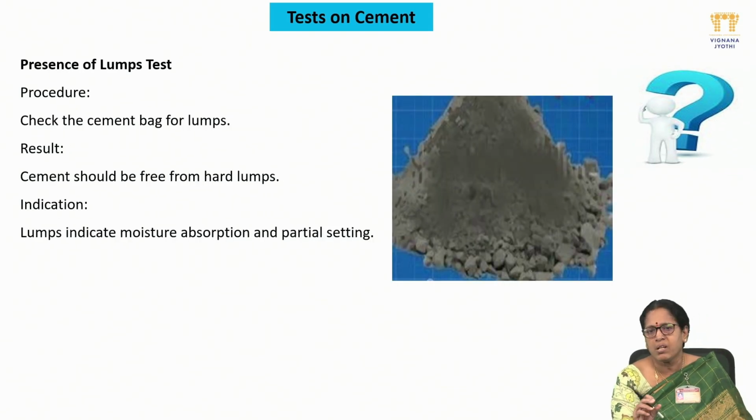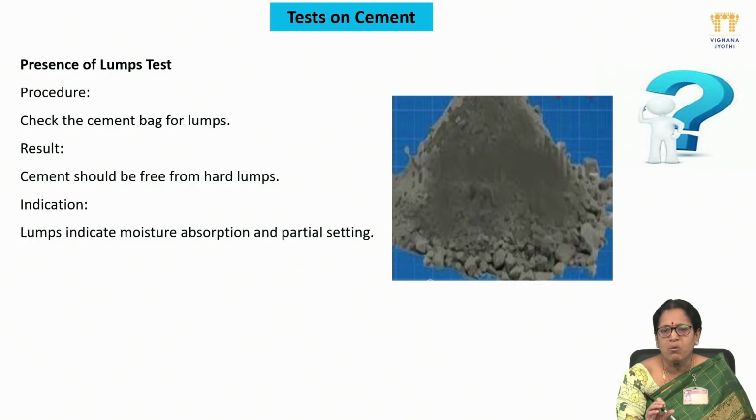Coming to the presence of lumps test, once you open the cement bag, you should have a look over the cement. You should not find any lumps. If you find lumps in your cement bag, it implies that the cement particles have been attacked by moisture. They have been hydrated and partial setting has happened in your cement particles, which is not good for structural purpose.